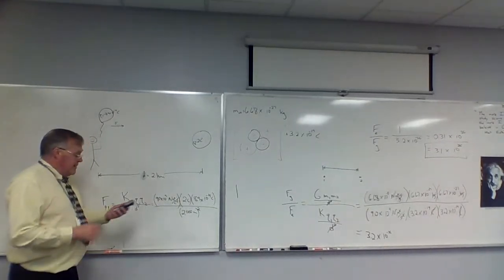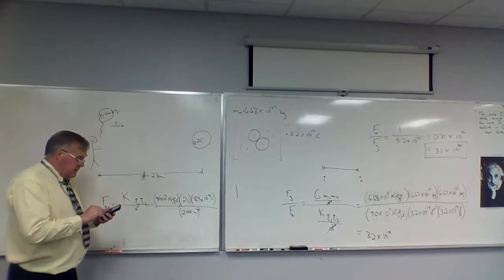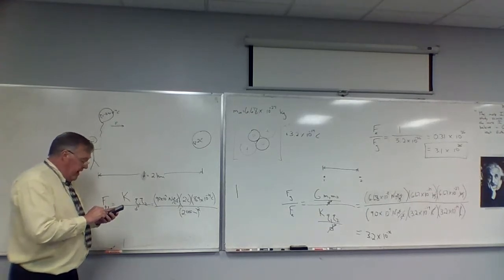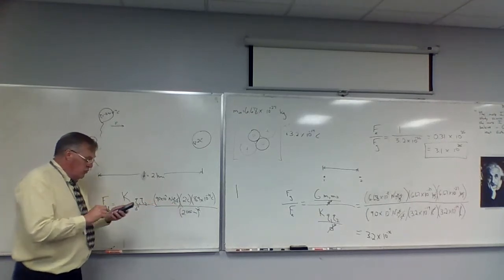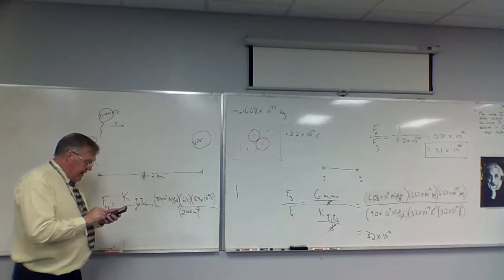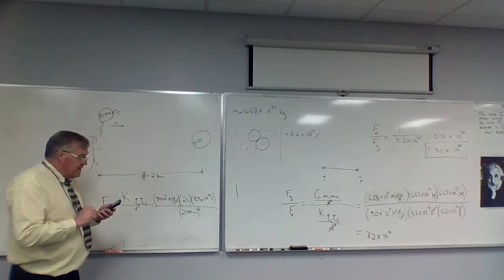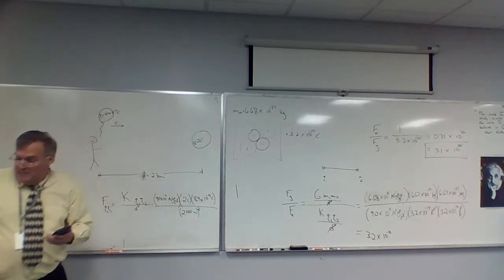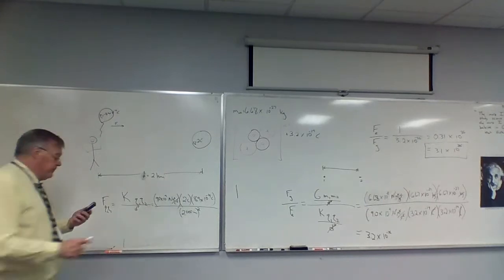Here we go. 9 times 10 to the 9th times 2 times 8.9 divided by 2,000 divided by 2,000 equals, there's a lot of zeros in this number, but it's basically 4.